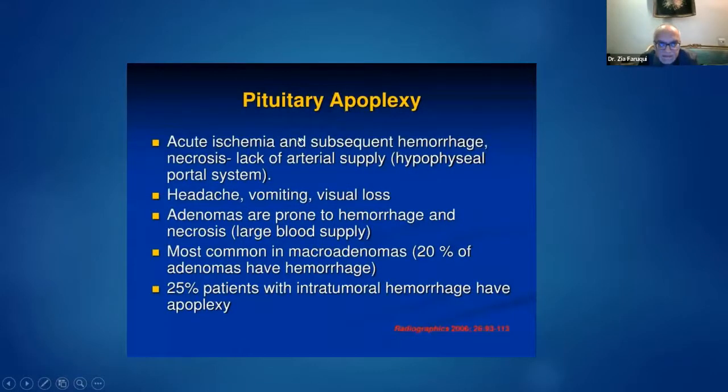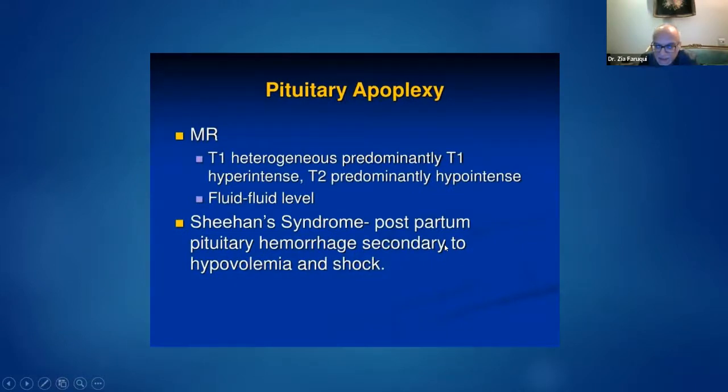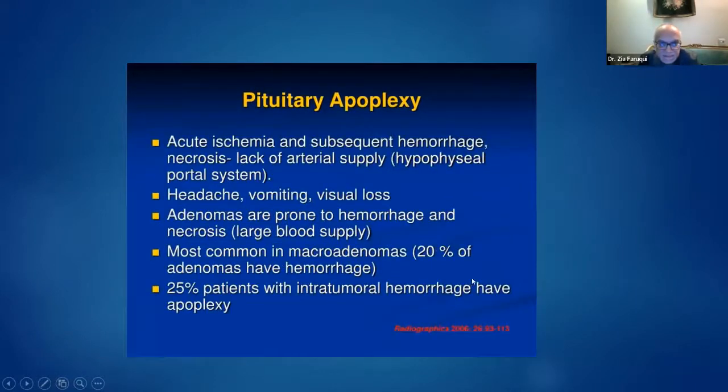Pituitary apoplexy, again, is acute ischemia with hemorrhage due to lack of blood supply, and presents with headache, vomiting, visual loss. Most commonly seen within adenomas, macroadenomas, which are prone to hemorrhage because of their large blood supply. Sometimes you can see this in patients who had surgery as well.